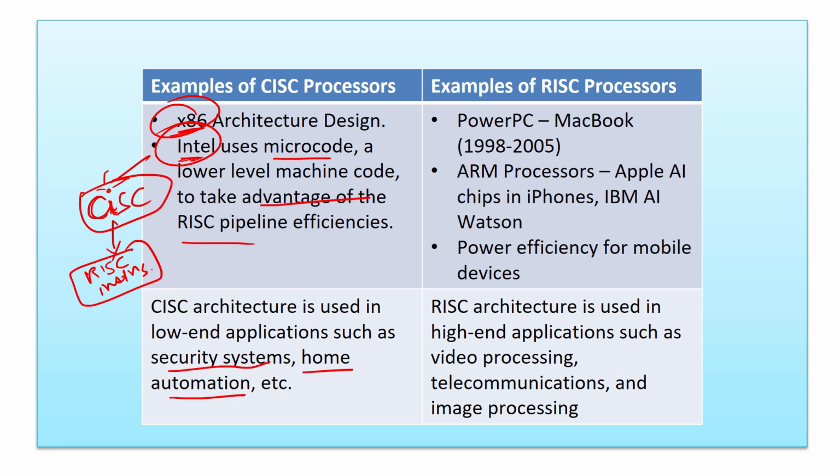And the example of RISC processors are, it was used in MacBook 1998 to 2005 in the form of PowerPC. Also this ARM processor. What is ARM? ARM means Advanced RISC Machine.